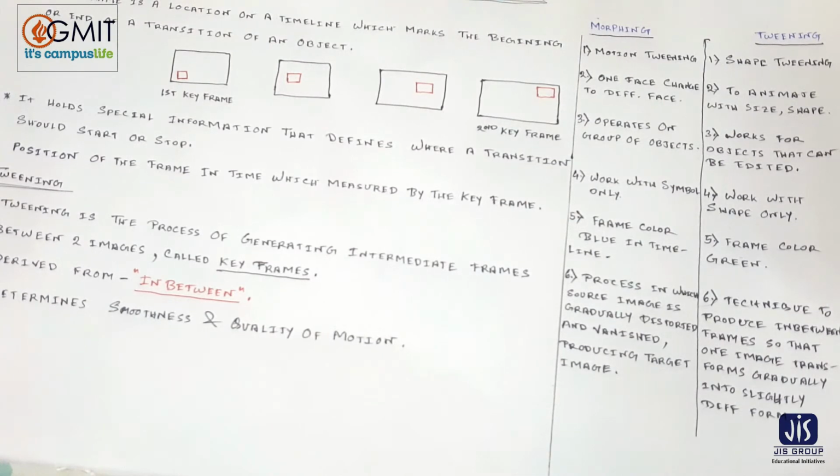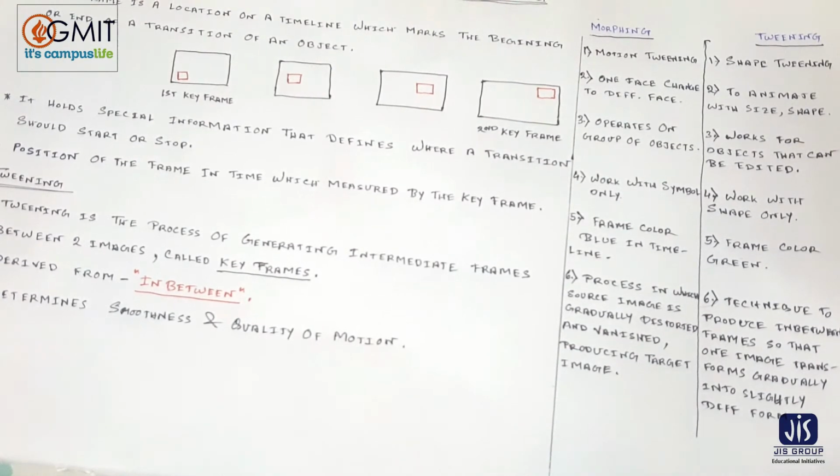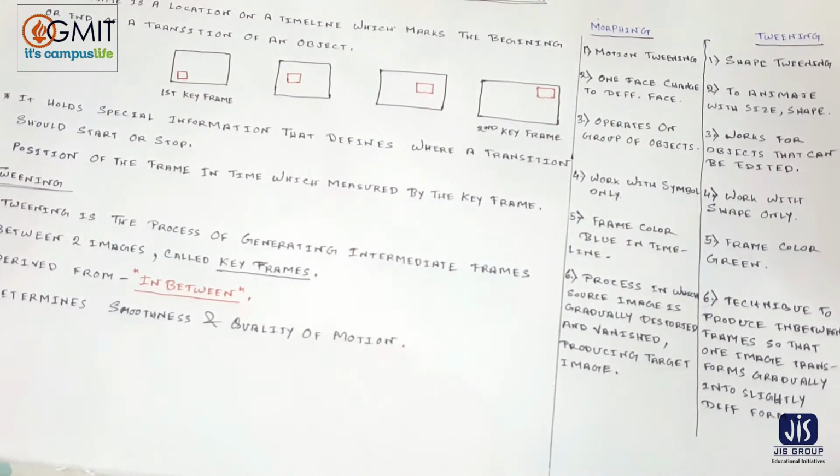Another name of twinning is shape twinning. Or somebody says that twinning has two parts, one is motion twinning, one is shape twinning. And somebody says that morphing is called motion twinning and twinning is called shape twinning.